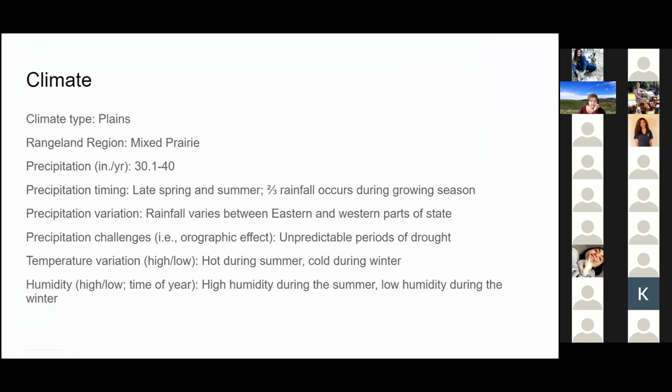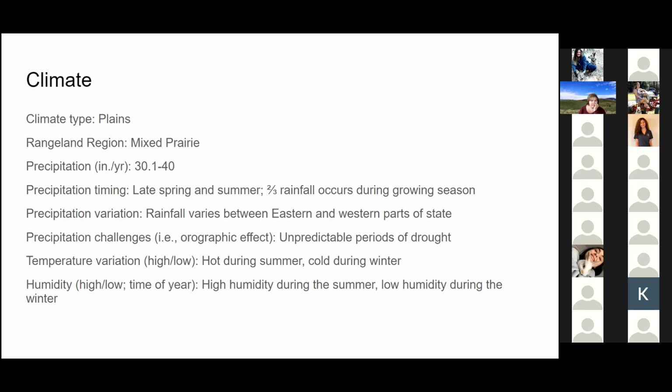So as for the climate, it appears to be plains type, although it's really close to being eastern, but I felt it was more closely plains. The rangeland region was more mixed prairie with a little bit of oak woodland, depending on how much you break it down. Precipitation per year is about 30.1 to 40 inches per year.